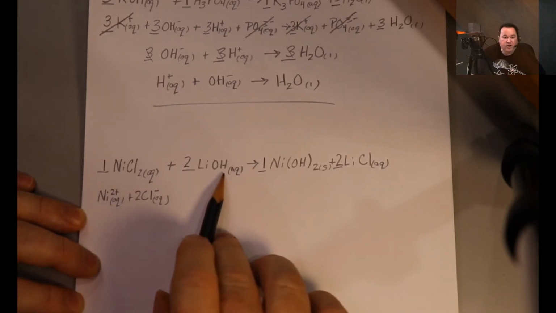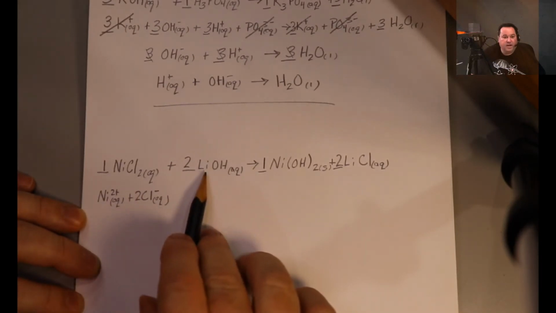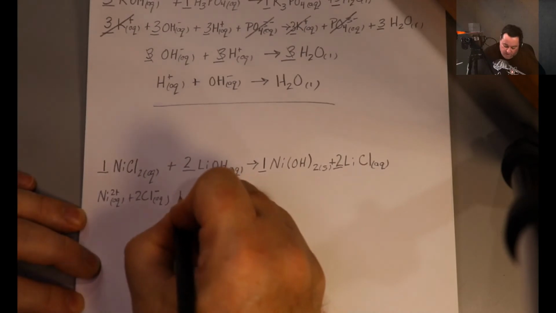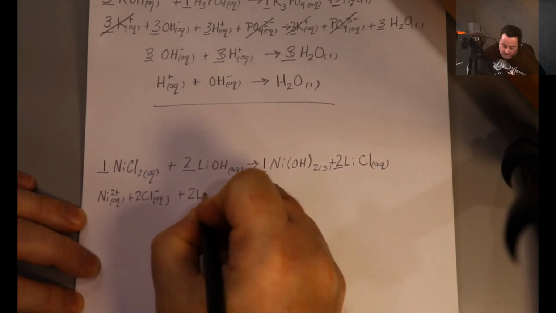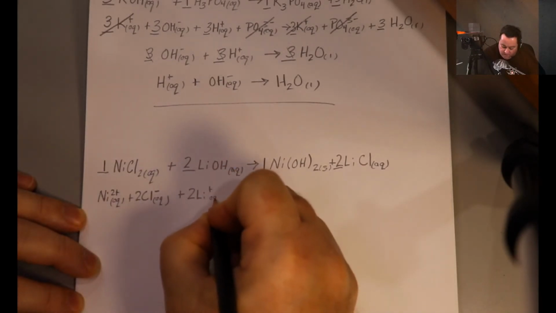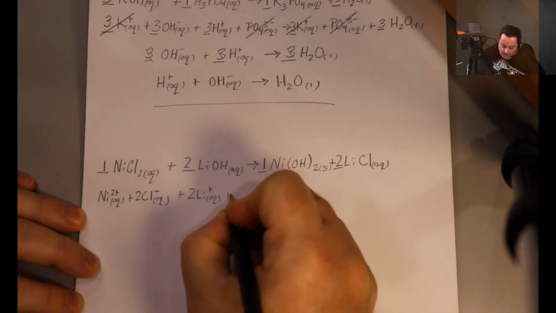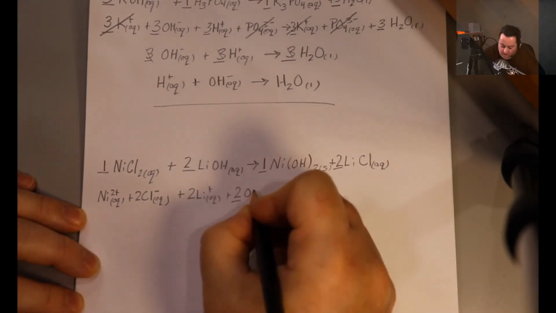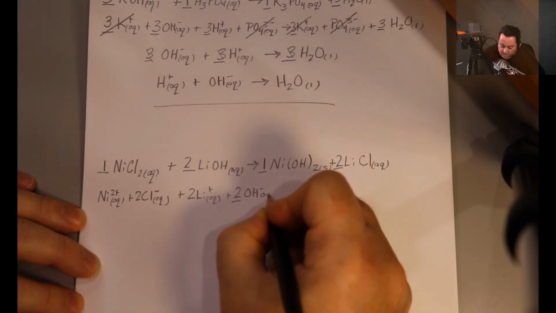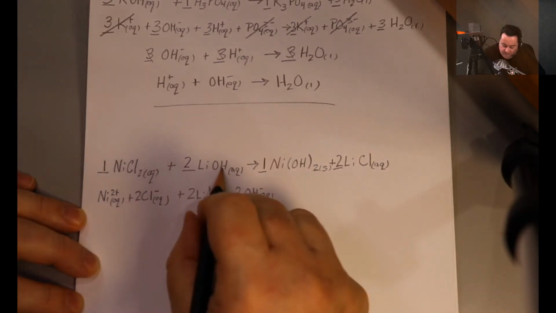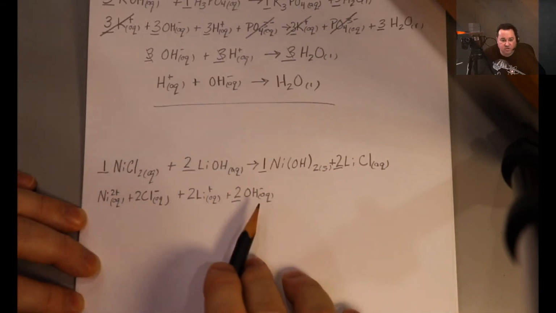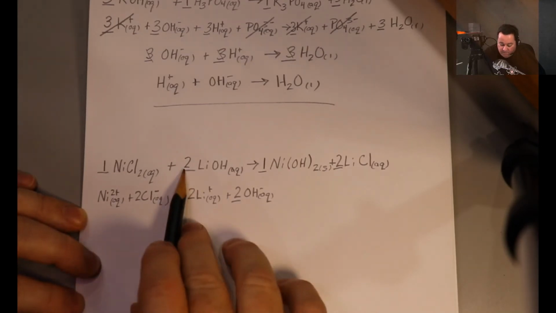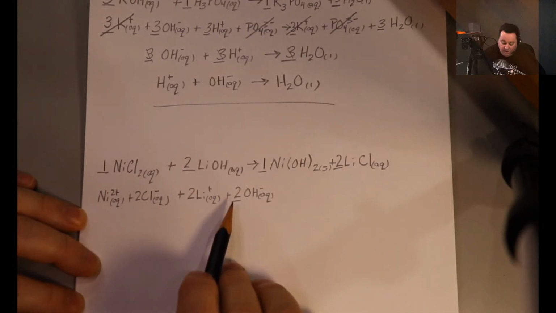The lithium hydroxide is soluble and ionic, so I have 2Li+ aqueous and 2OH- aqueous. Don't forget, in 2 lithium hydroxides, we would have 2 of each of these ions. Very common for people to forget to put the 2 on the second ion here.